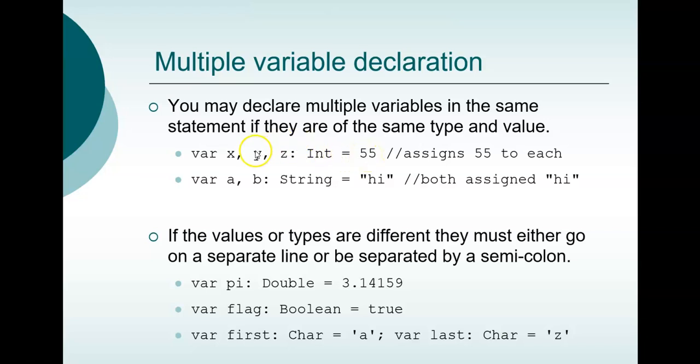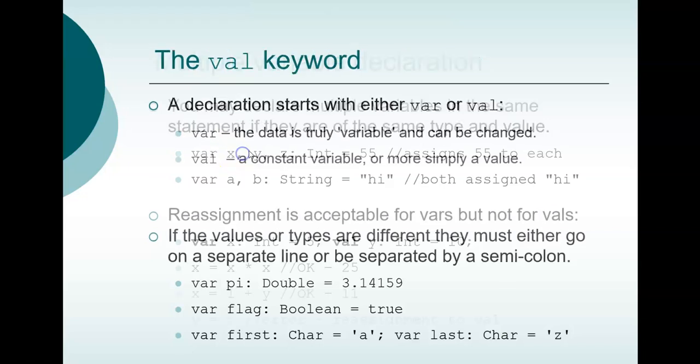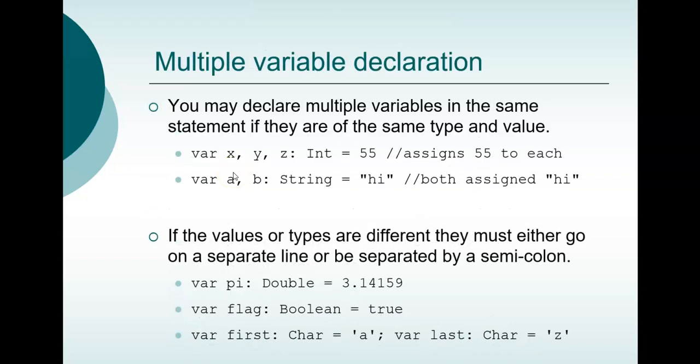What it means is that x is 55, y is 55, z is also 55. We also have var a, b, which is a String and is "hi", which means both a and b will be assigned "hi".